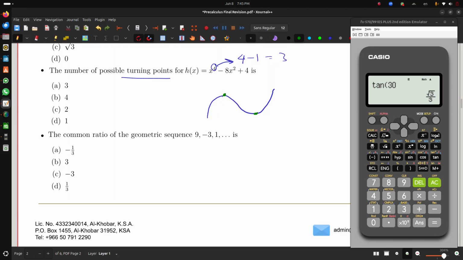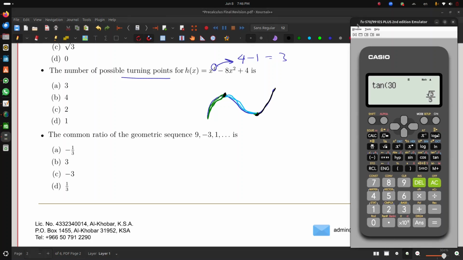This part is increasing, and then it's decreasing, and then increasing one more time. So the number of turning points here is 2, and the highest degree is 3.